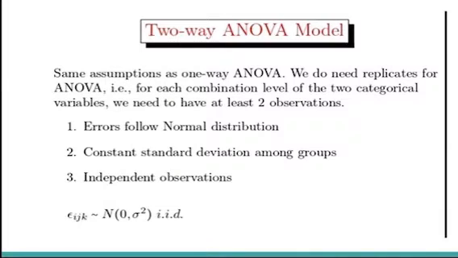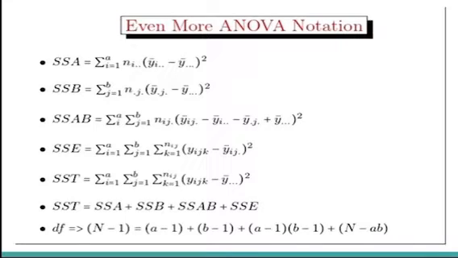Now, the assumptions in one-way analysis of variance, I told you the other time: normal distribution, constant variance, independent observations. What I'm presenting now is how to compute the variation associated with each factor, as well as the interaction and the variation within. This is the formula.